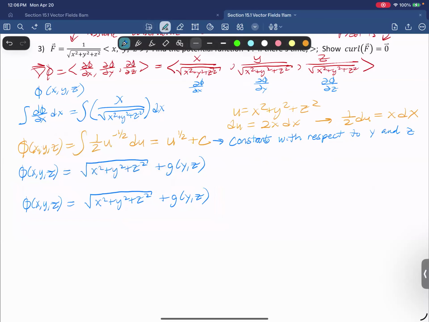Like we did in the previous problem, what we did next was we took the derivative of this with respect to y.